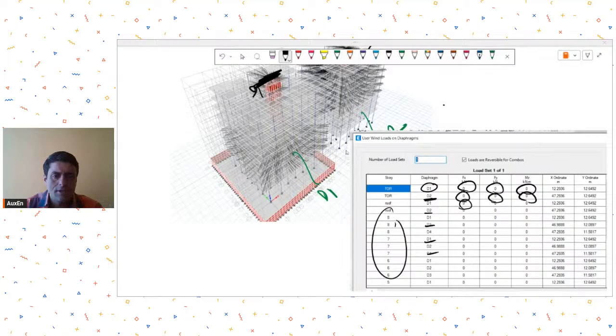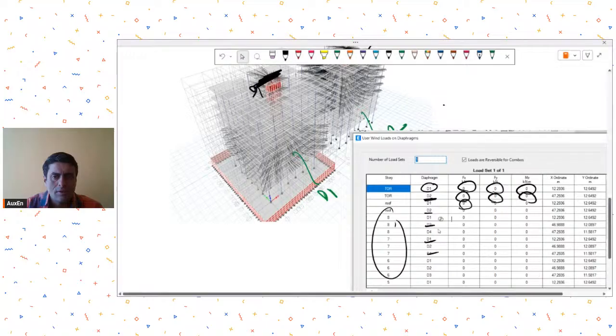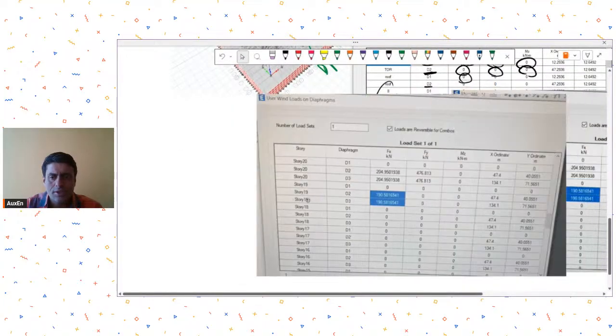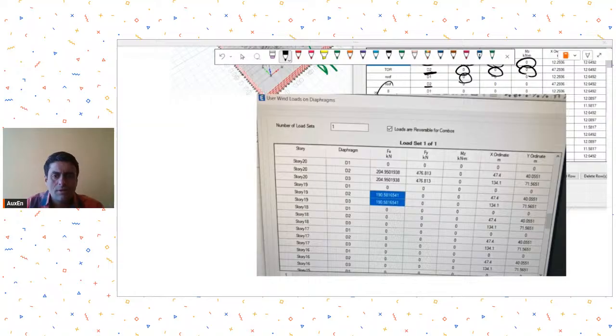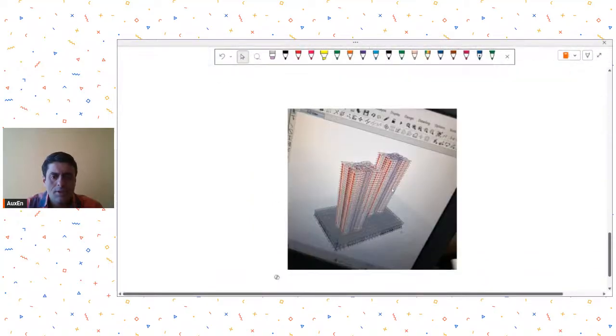He has shared one screenshot also. Yeah, the same thing you have done. Correct. Mr. Rohit has shared a screenshot.